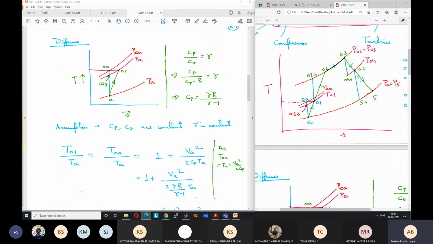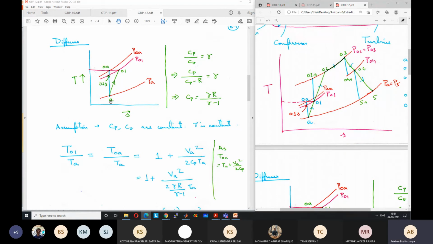So you get more enthalpy for expansion in the nozzle. So diffusion is a very important process, and the diffuser is a very important component of any jet engine.